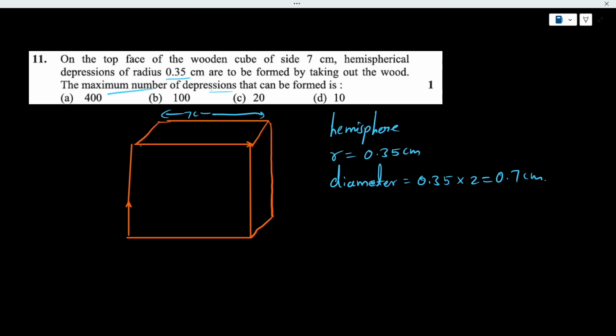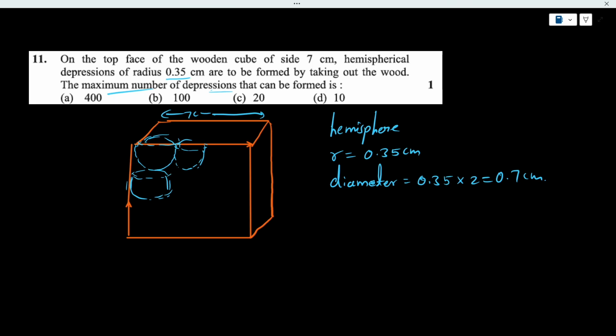Because when you take it out from here, there will be a hemisphere. If you are taking it out like this, then how many hemispheres can you take out from here? Now again you will take it from here. So through the length and breadth you are going to carve out hemispheres.